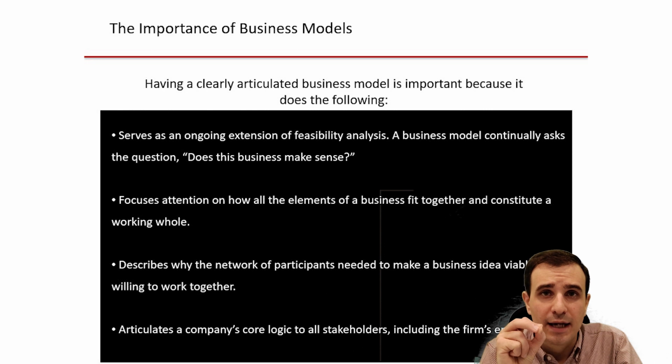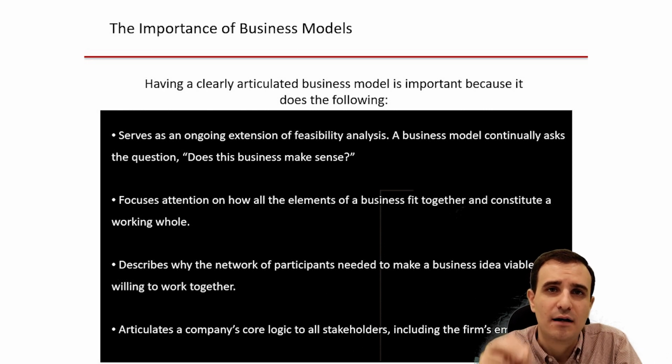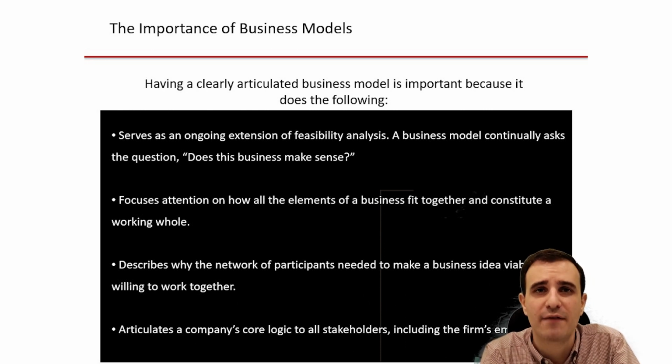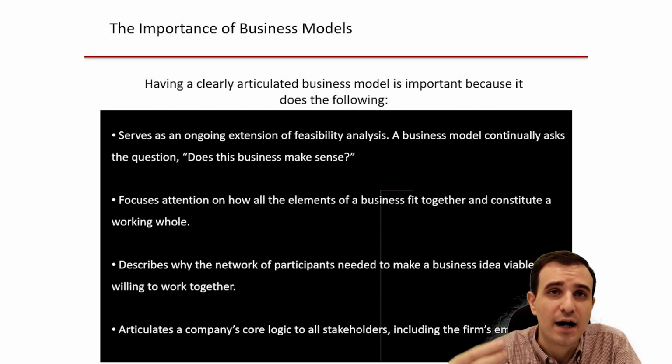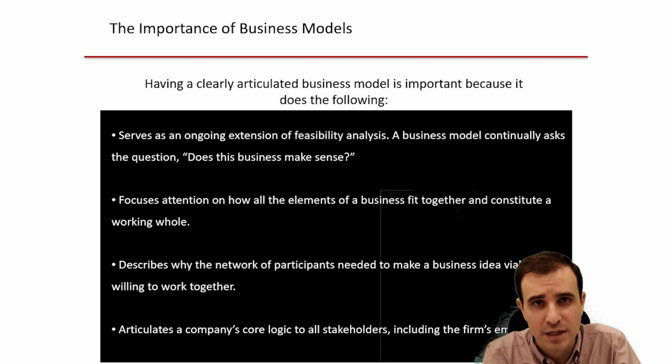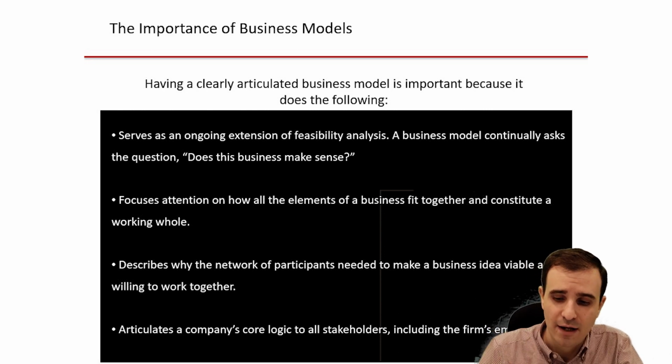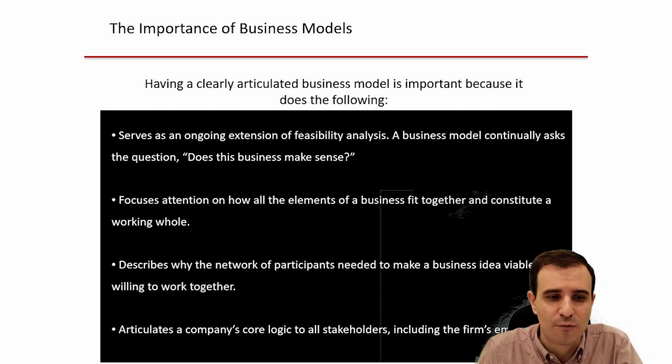Because if the business model canvas is not deep enough, is not comprehensive enough, does not understand the basics of the industry and the business, then the business model canvas is not telling any meaningful story. And the business model canvas is also not helping us to articulate how the business works and whether the business makes sense. The business model canvas is a way for stakeholders to understand whether a business makes sense or not.